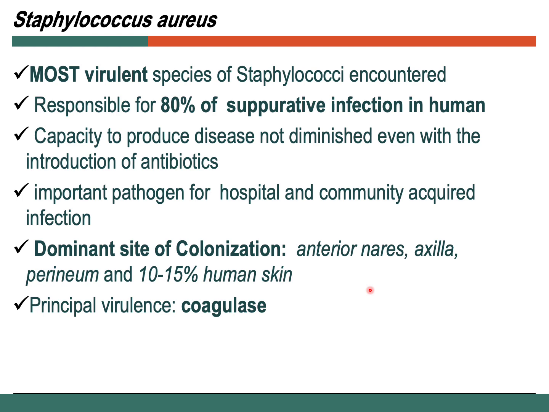If you notice, these areas are usually moist, because Staphylococcus aureus in general loves to live in a moist area. The principal virulence factor is your coagulase enzyme. 97% of Staphylococcus aureus strains are positive for coagulase.